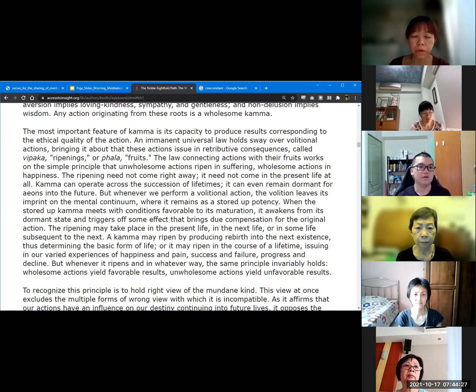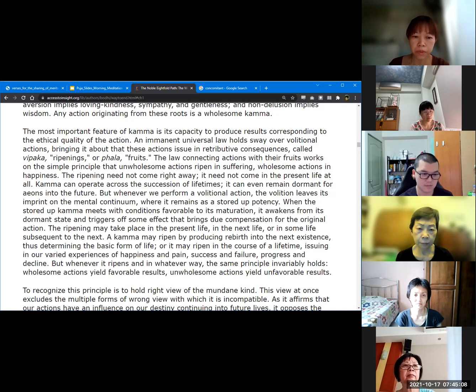But whenever we perform a volitional action, the volition leaves its imprint on the mental continuum, where it remains as a stored-up potency. When the stored-up karma meets the conditions favorable to its maturation, it awakens from its dormant state and triggers some effect that brings due compensation for the original action. The ripening may take place in the present life, in the next life, or in some life subsequent to the next.